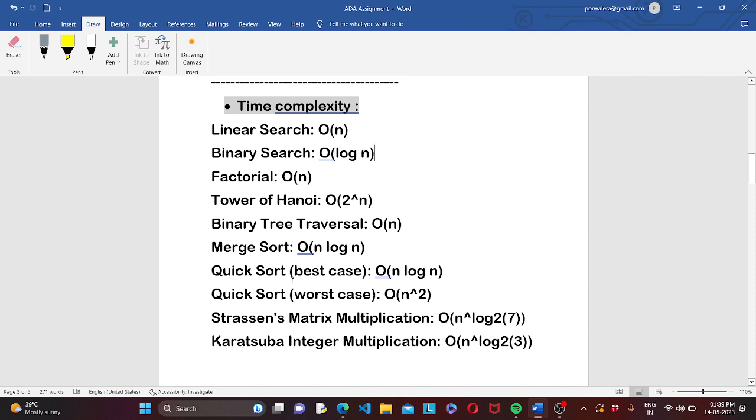Quick sort has two cases, best case and worst case. For the best case we will have O(n log n), and for the worst case O(n^2). Strassen's matrix multiplication, O(n^(log 2 base 7)), and Karatsuba's integer multiplication, we will have O(n^(log 2 by 3)).